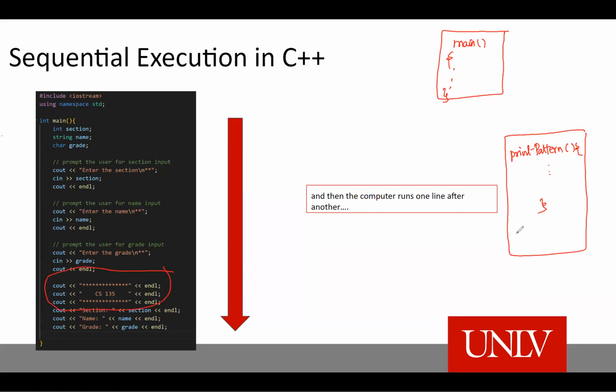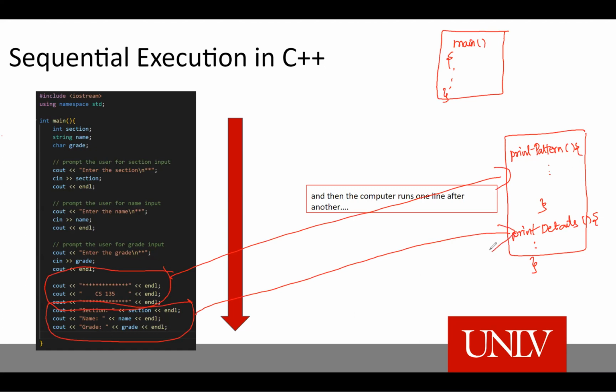And then we will write another function called print details. Let's say this print details is doing this part. So while print pattern is handling this part, print details will display the names of section, name, and grade.